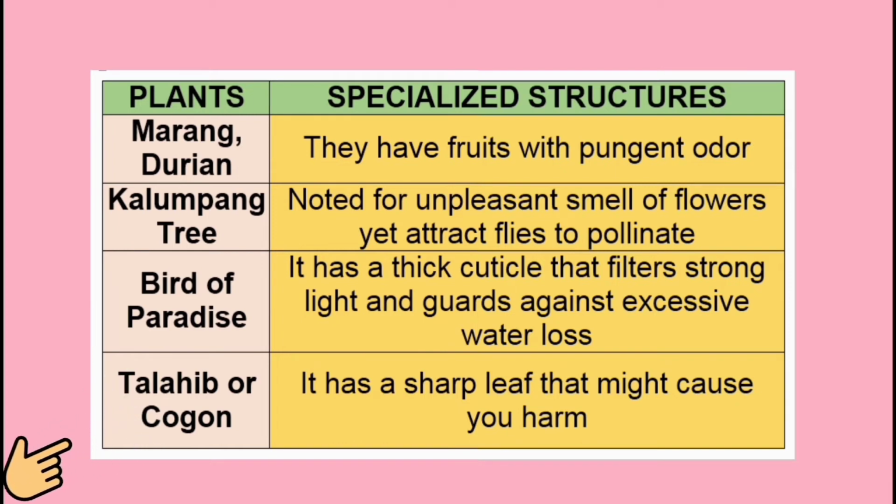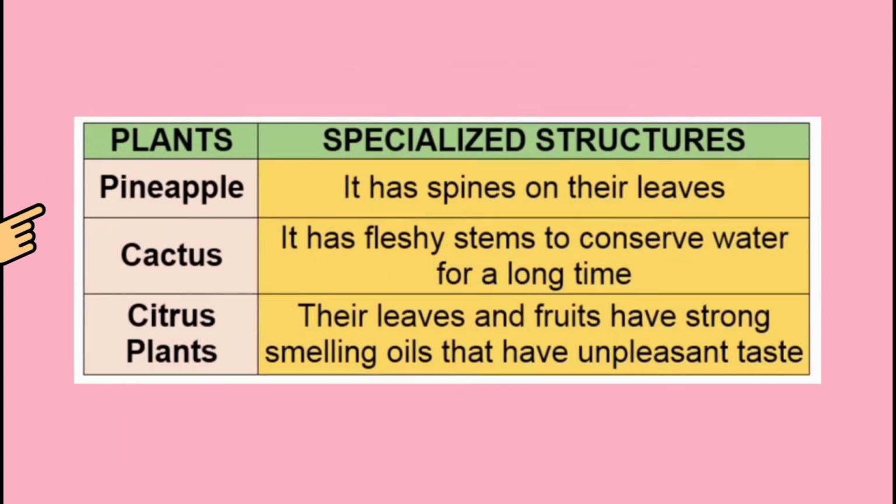Talahib or kogon plant. It has a sharp leaf that might cause you harm. Pineapple plant. It has spines on their leaves. Cactus. It has fleshy stems to conserve water for a long time. Citrus plants.